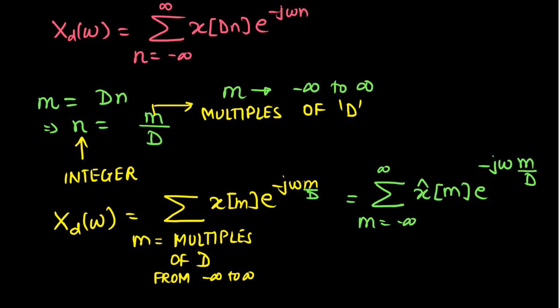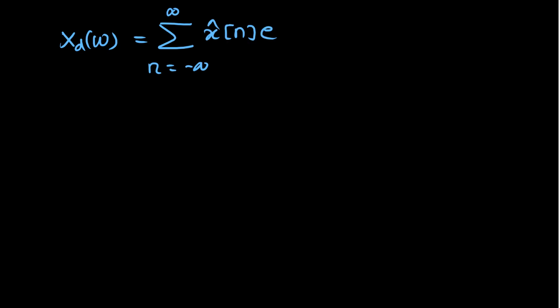So what we have is x d of omega is equal to summation n running from minus infinity to infinity x hat of n into e to the power minus j omega by d into n.